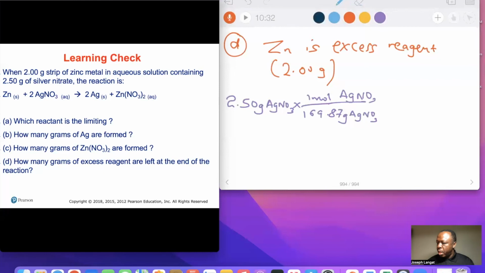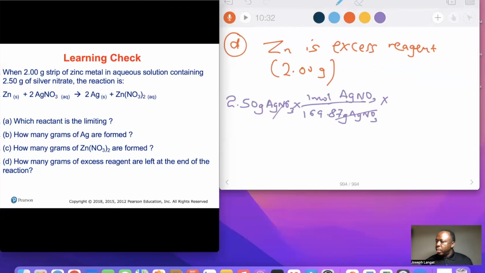Up to this point, we have just converted 2.50 grams of silver nitrate to moles of silver nitrate.